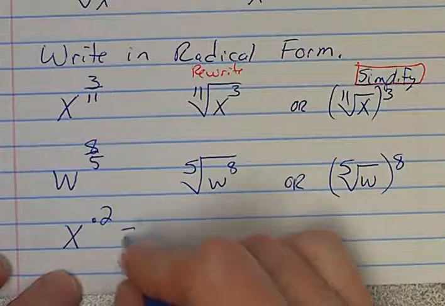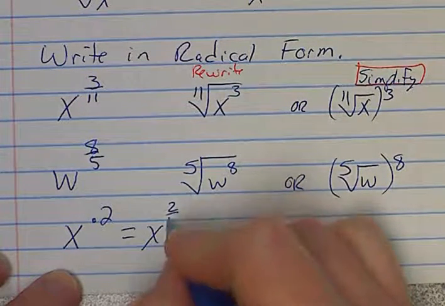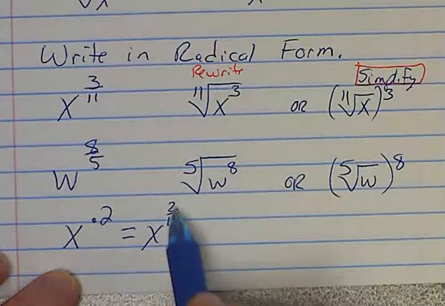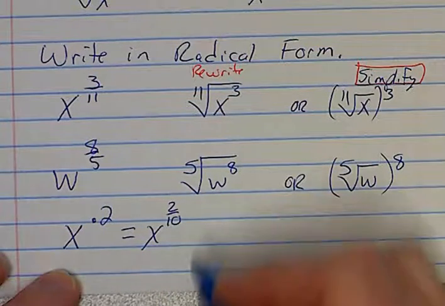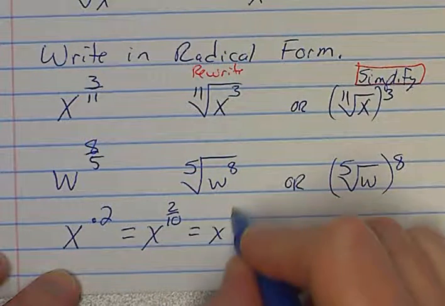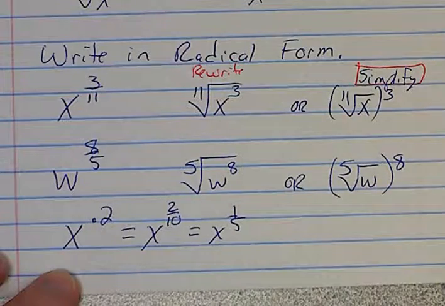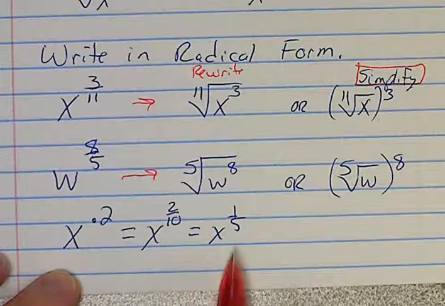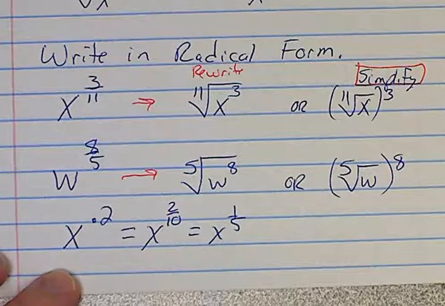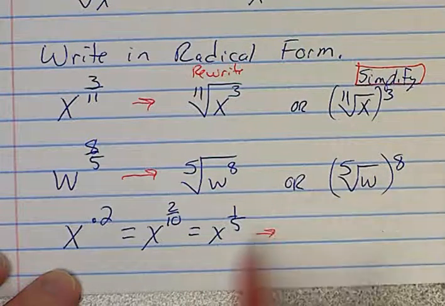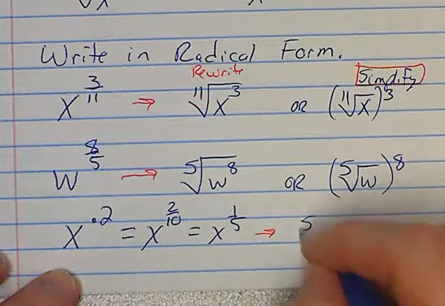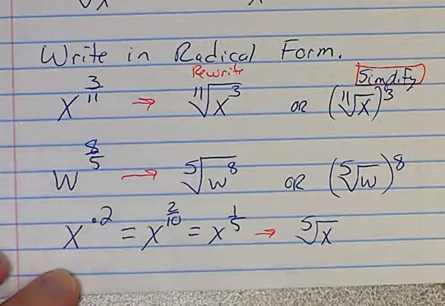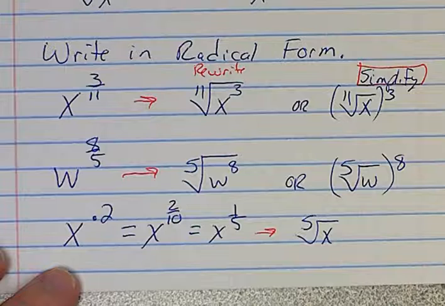So if you think about this one, this would be x to the 2/10 power. But you can simplify 2/10, right? That'll be x to the 1/5. And now that you've got it in a simplified fraction, now we can take this thing and rewrite it. So that would be the 5th root of x to the 1st power, but if it's the 1st power, you really don't have to put the 1, so just 5th root of x would be okay.